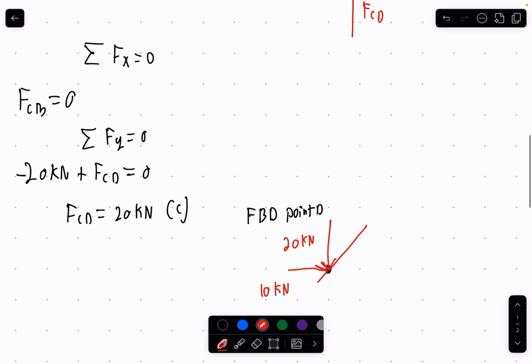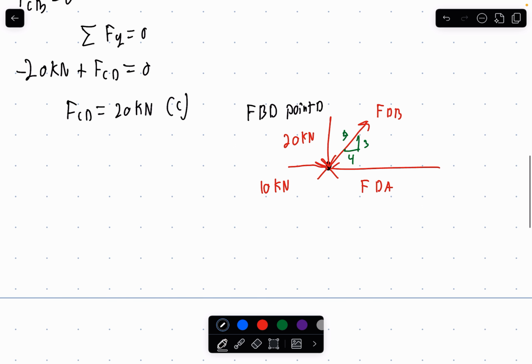And then we have force DB right here, acting at an angle. It's going to be 4, 3, and 5 for that. And then we have force DA acting horizontally.